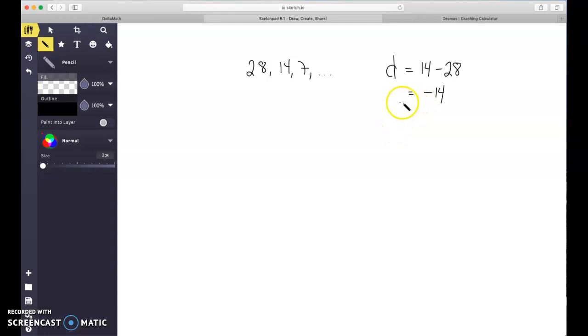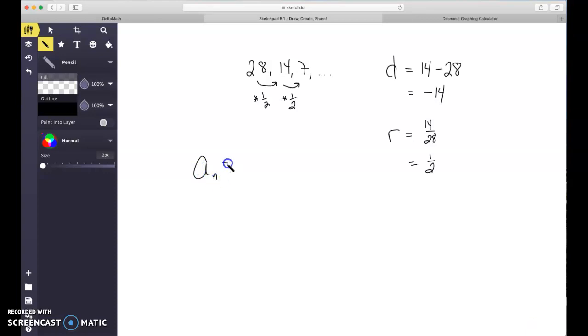Because I know 7 minus 14 is not the same. So okay, I'm going to get my common ratio out, 14 divided by 28, and that actually is going to give me 1/2, and now that looks a little bit better. So this is in fact geometric upon closer look.